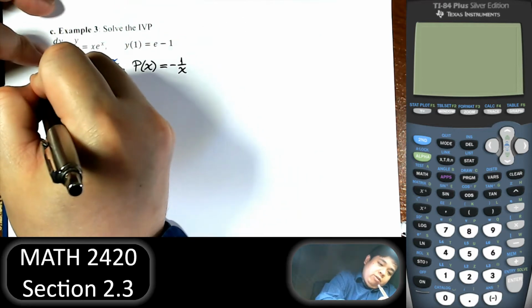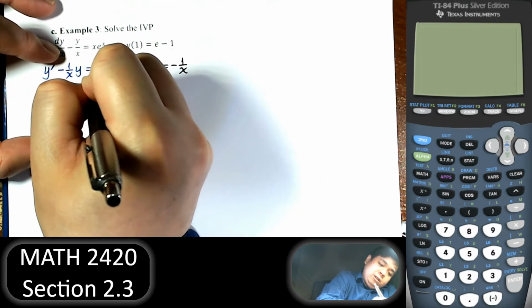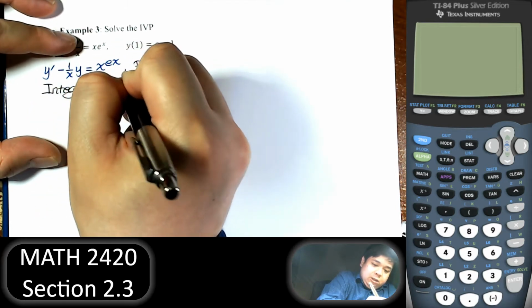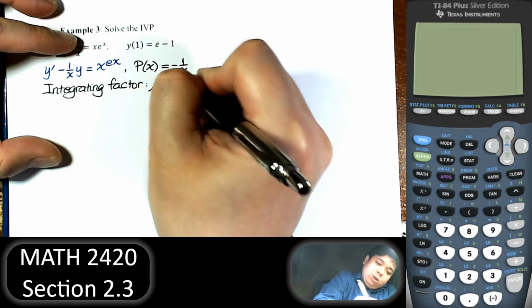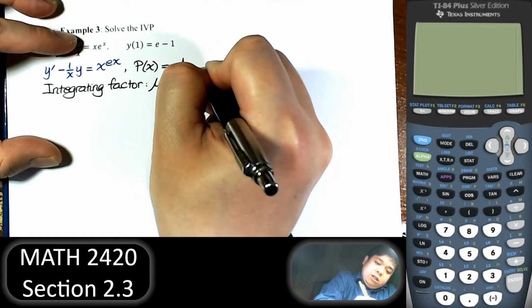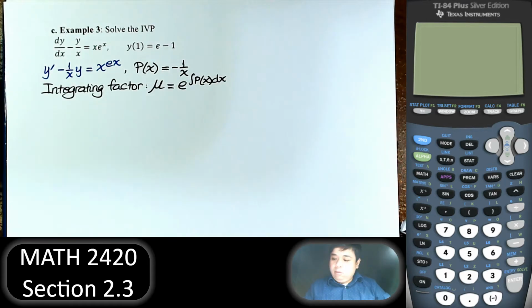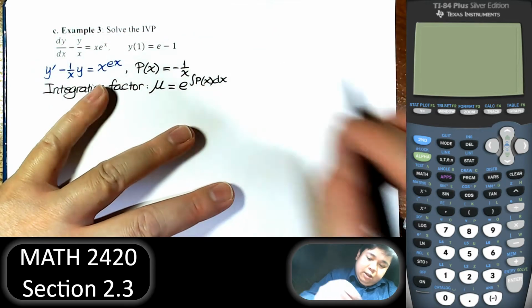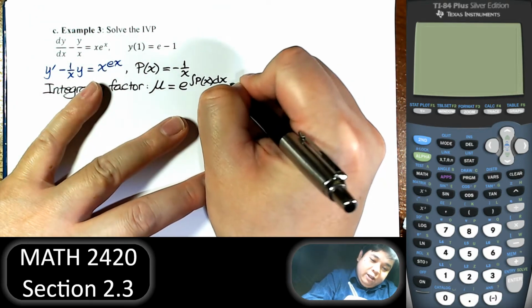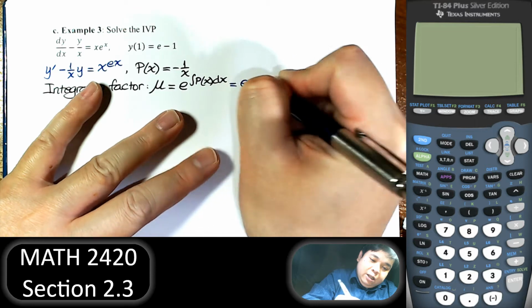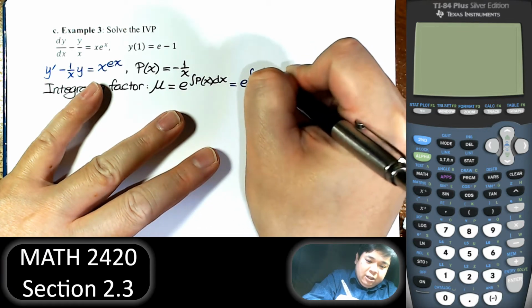Next, the integrating factor. Mu equal to e to the integral p of x dx. And so we have the integral of negative 1 over x dx.